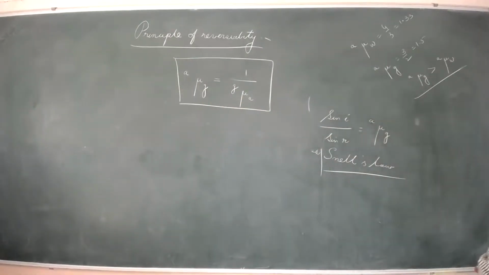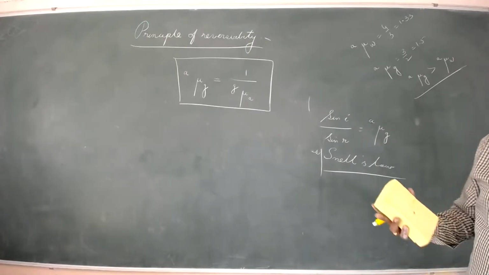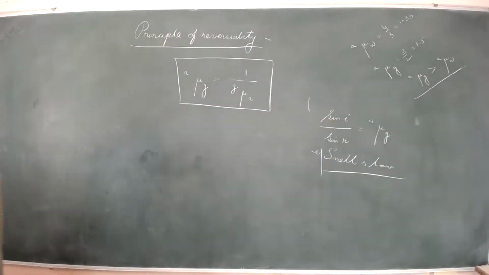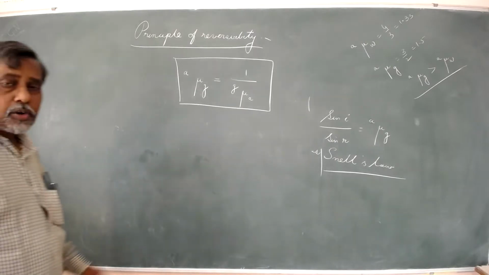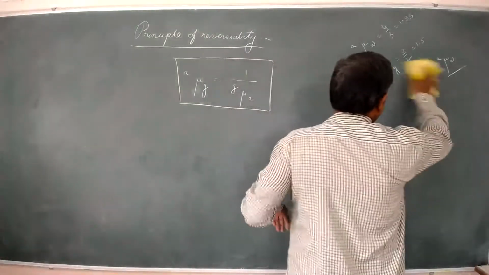That is called the principle of reversibility. Now, this principle of reversibility we will be using while writing about the critical angle.